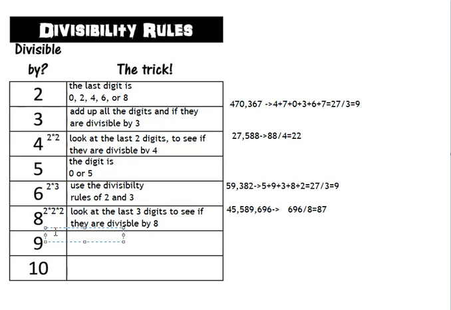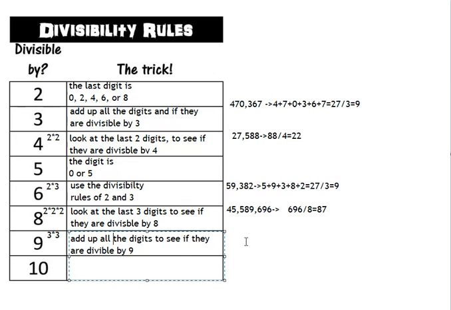Now 9. Think about 9 as 3 times 3. So you're going to use the rule of 3. And the rule of 3 is you add up all the digits and see if they are divisible by 9 this time, because 3 times 3 is 9. So instead of using 3, you're going to see if they're divisible by 9. So add up all the digits and see if it's divisible by 9.